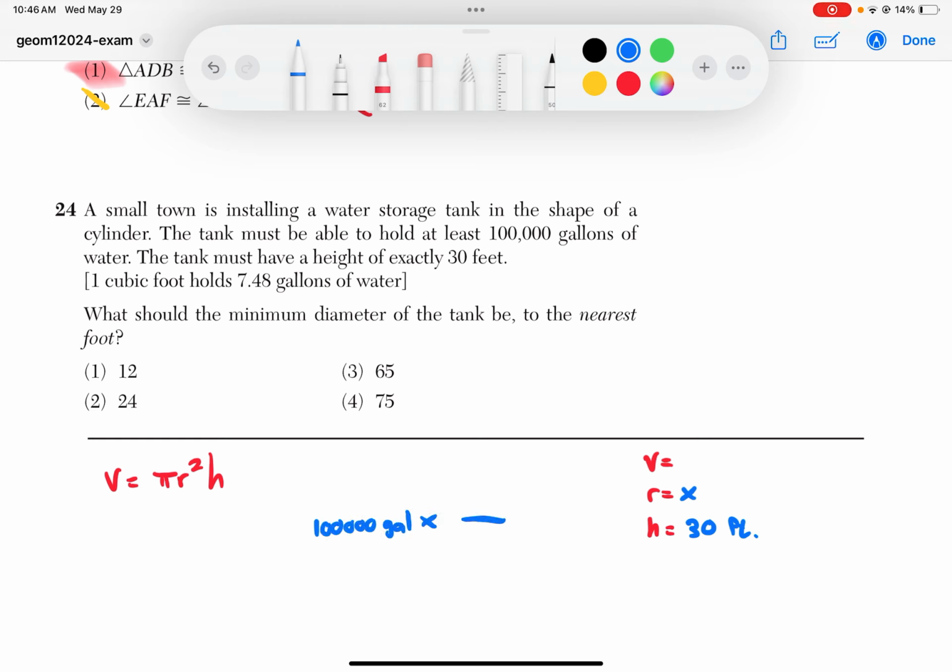I'm going to multiply by a proportion, and since I want gallons to cancel out, I'm going to put gallons on top and bottom. So I have 1 cubic foot is 7.48 gallons. That causes gallons to cancel out. And it's going to end up being 100,000 divided by 7.48. So we're working with a volume of 13,368 cubic feet.